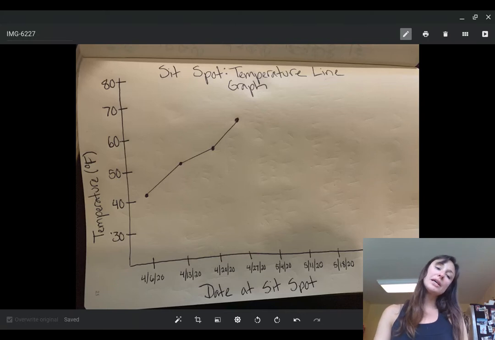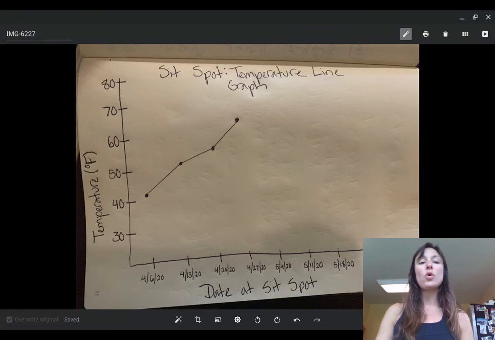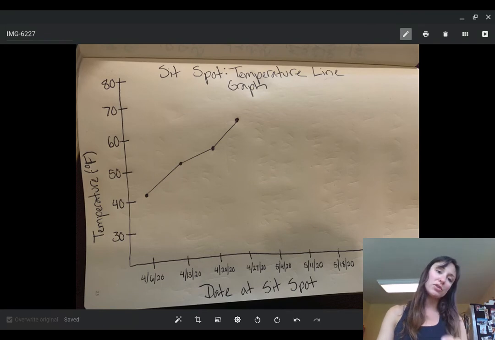So then along the left side here, where it says 30, 40, 50, 60, 70, 80, that's called the y-axis, that axis going up and down. And that is telling us the temperature in degrees Fahrenheit. So we know that little circular symbol means degrees, and F means Fahrenheit.